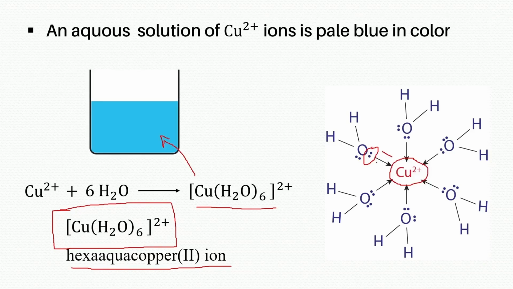These arrows show dative covalent bonds. Then this hexaaquacopper(II) ion complex has 6 dative covalent bonds. These covalent bonds are generated between water molecules and Cu2+ ions.